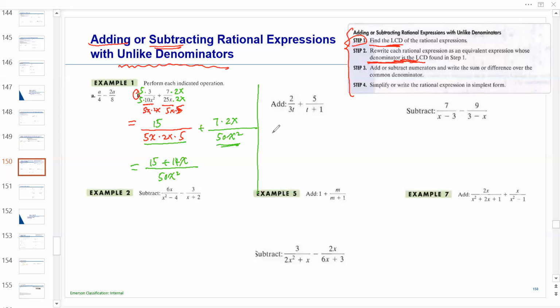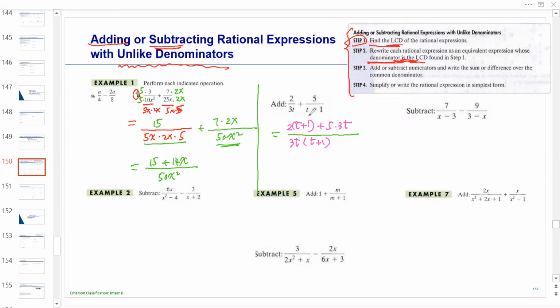All right, see the second example. First we need to find the least common denominator. So for this part 3t, we need to multiply by t plus 1, and for the second part we multiply by 3t.